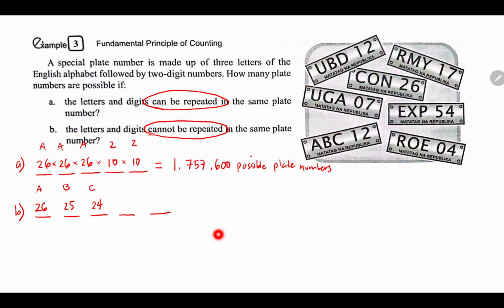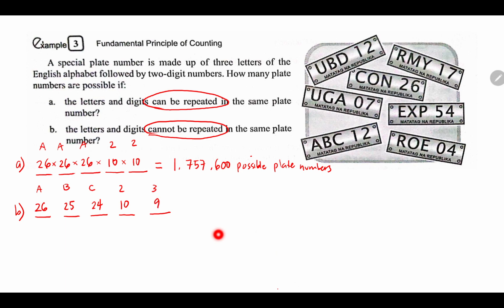Okay, so how about for the digits? For the digits, you also have the same. For the first digit, we have 10, because the possibility is from 0 to 9. Let's say we choose 2. But for the second digit, 2 cannot be repeated. Therefore, from 10 possible digits, you only have 9.